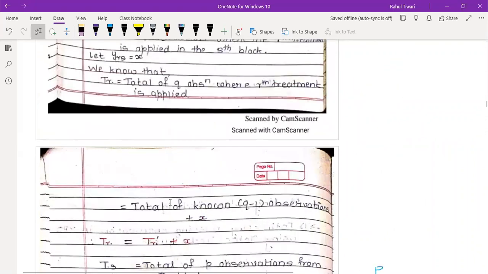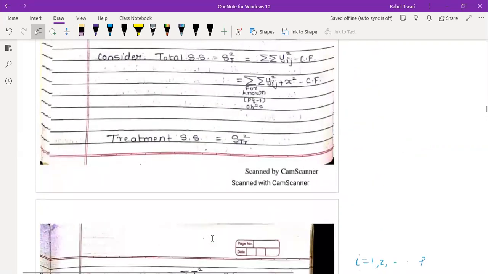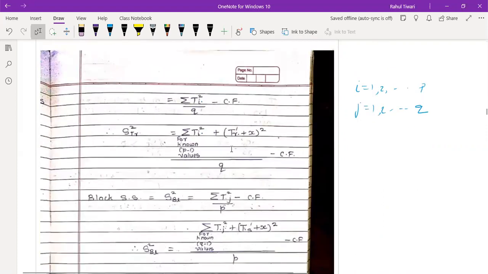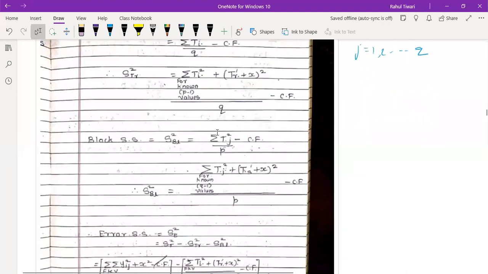It is nothing but this Tr dot plus x, so that much you can remove, or you can just say addition. So in this case we simply have p minus 1 observations. Similarly in this case we have q minus 1 observations, so you can exclude those from there.